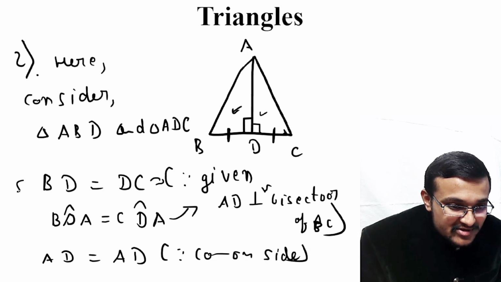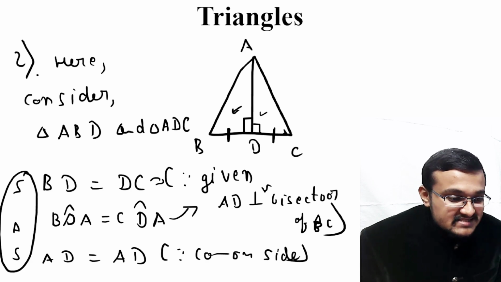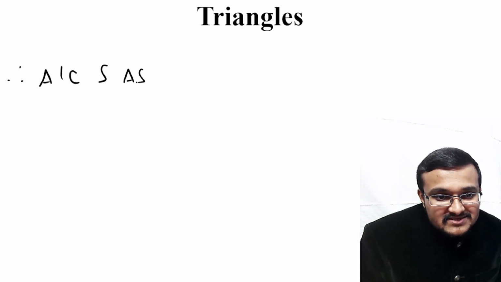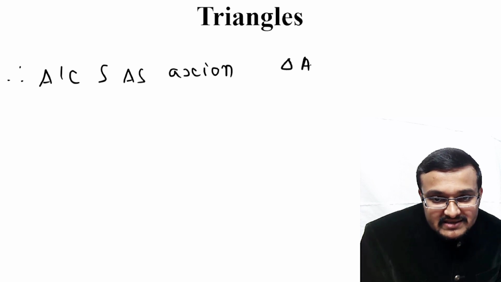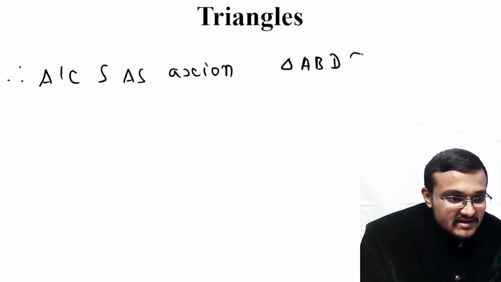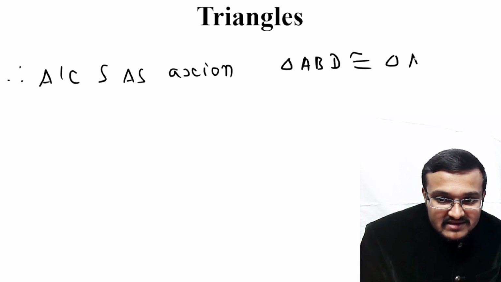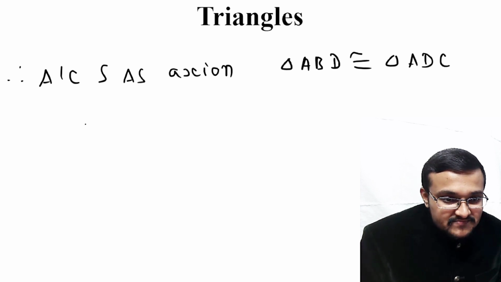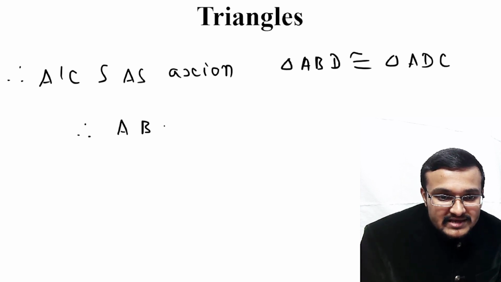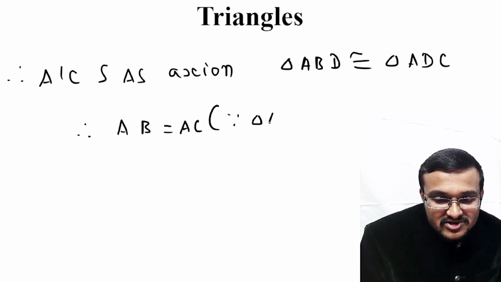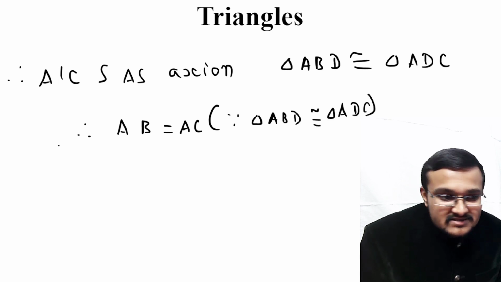So now according to SAS, so we are getting SAS axiom. So now according to SAS axiom, here triangle ABD is congruent with the triangle ADC. So therefore AB is equal to AC. Why AB is equal to AC? Because triangle ABD is congruent with triangle ADC.